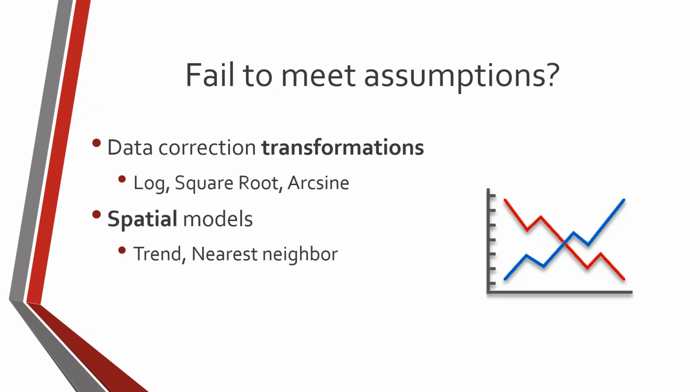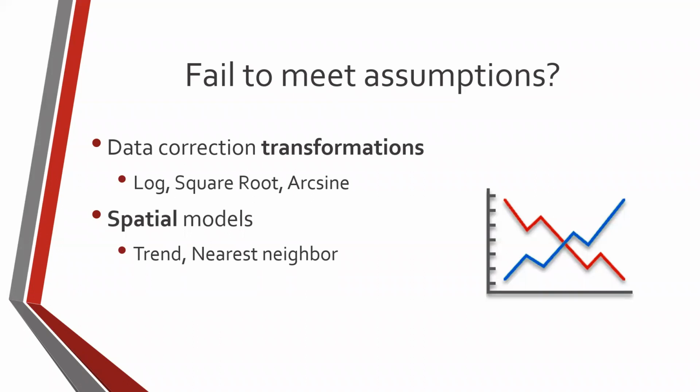These are typically only used when your blocking design fails, and we'll talk about that a little bit in the data review session. It's kind of more of a last ditch effort. I typically don't recommend people immediately jumping to the spatial models when one of those assumption tests fails, but rather, let's try everything else that we can and see if it'll work.